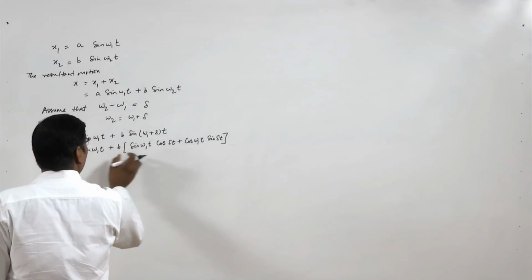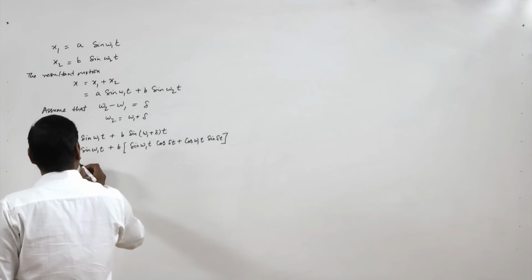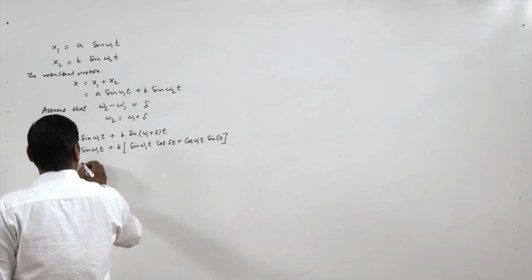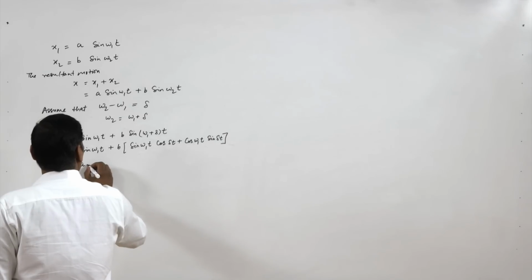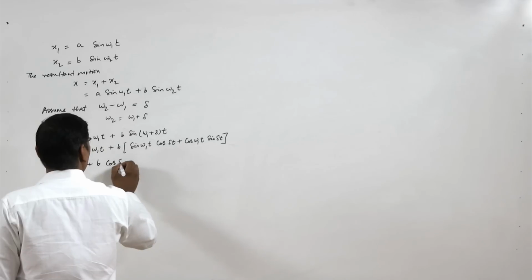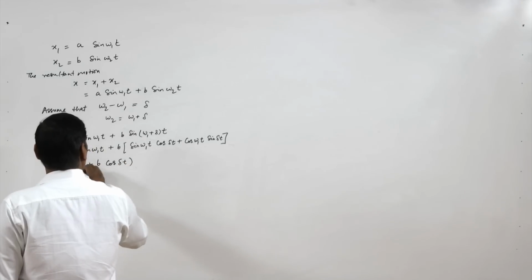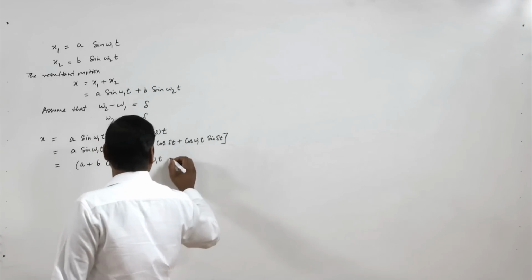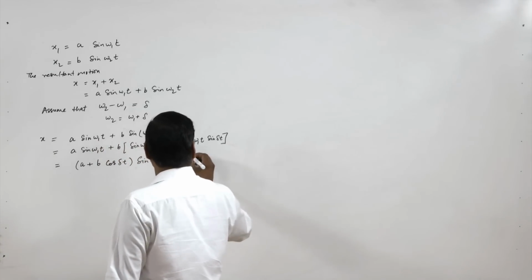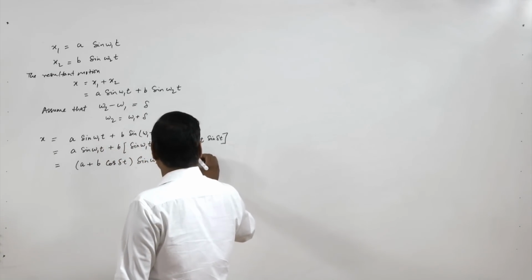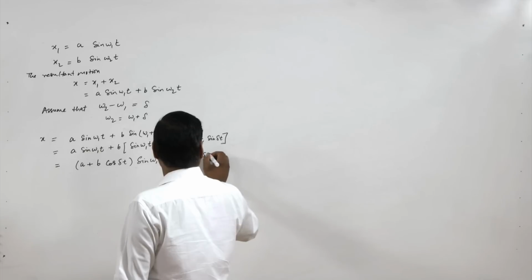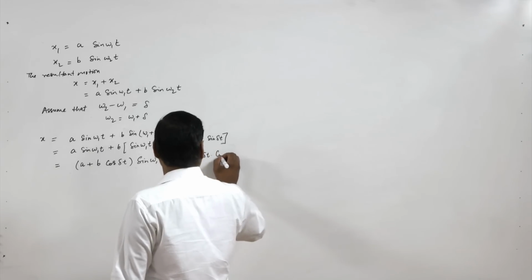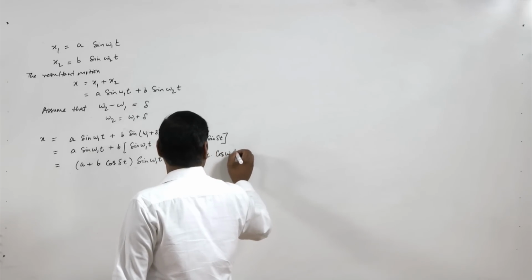So we can separate out the terms of sin omega 1 t. So we can write (a plus b cos delta t) into sin omega 1 t plus b sin delta t into cos omega 1 t.